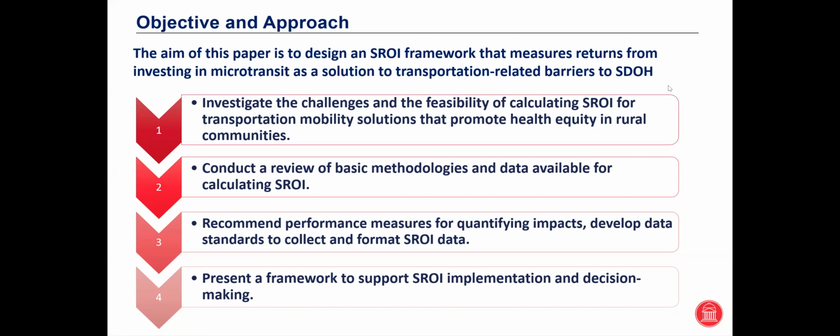We review the characteristics of previously piloted microtransit programs in the US, and also review the existing literature on social return on investment to collect metrics and data and the challenges they have, and combine them all together to first recommend performance measures for quantifying impacts, and then at the end create a framework that supports SROI implementation for our case and helps us measure the SROI for the case of microtransit programs.